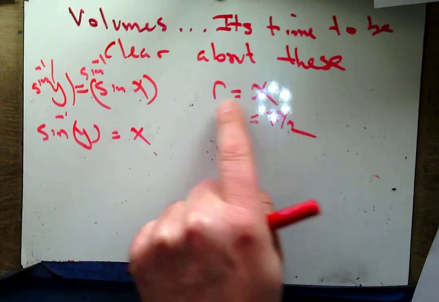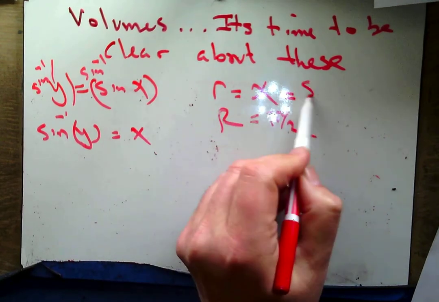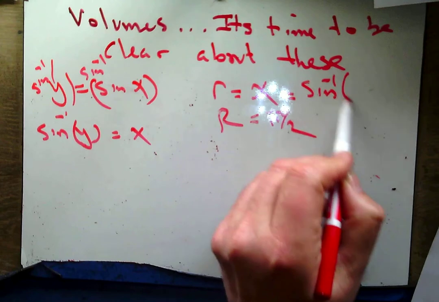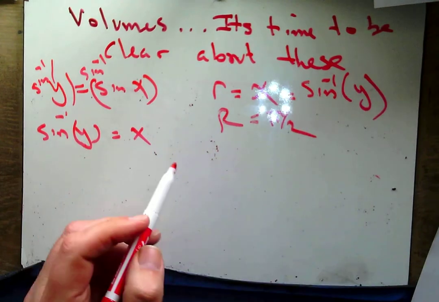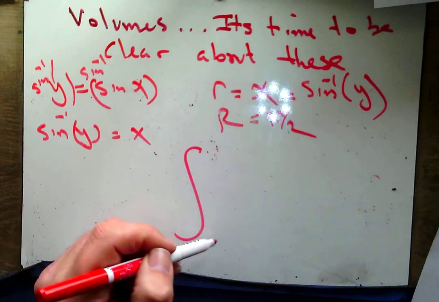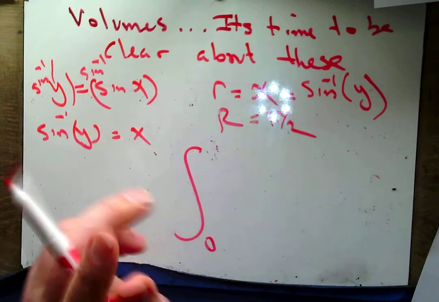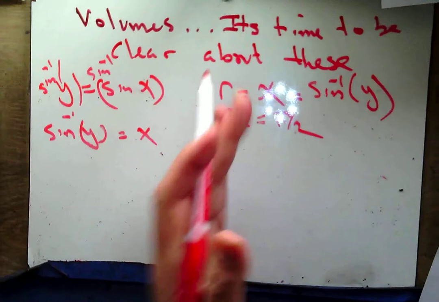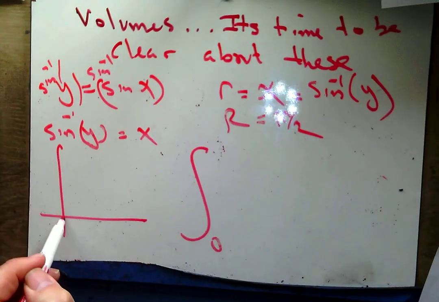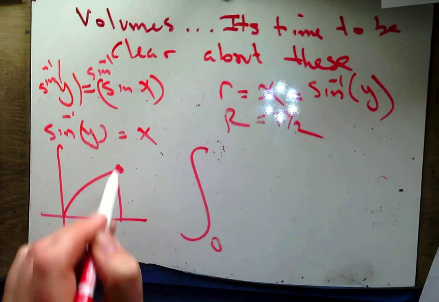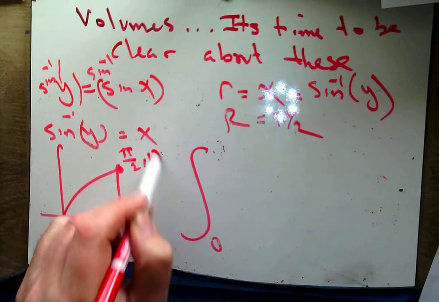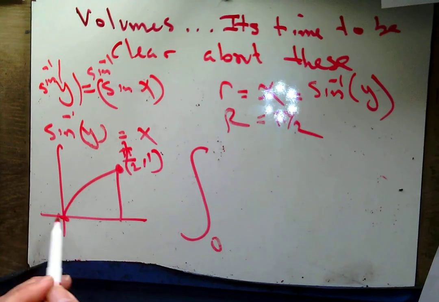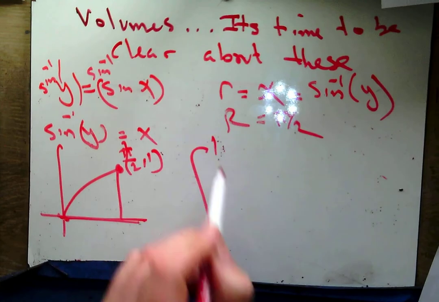So radius equals x can become inverse sine of y. And my integral? Sure. We're integrating from, and these are y values, right? So we're going from here to here, not here to here. In our shape, this is our highest y value, and this is our lowest y value. We're going from 0 to 1.